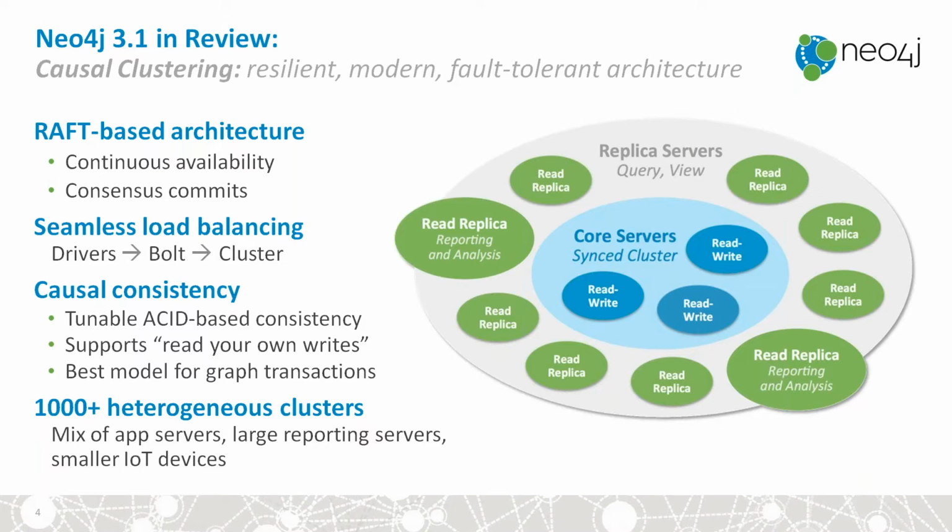And this particular architecture is horizontally scalable in a number of different ways, and can support thousands of cluster members in this design. So, summarizing it, the resilient, modern, fault-tolerant kind of architecture delivered in causal clustering is really where we were and are steering customers who have high availability and scaling desires.